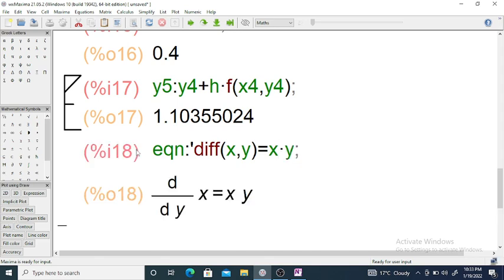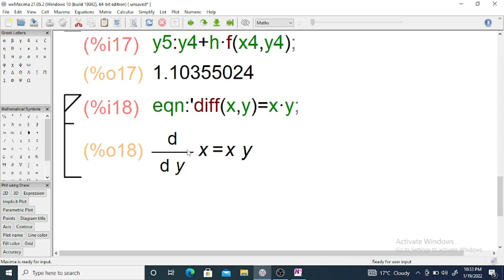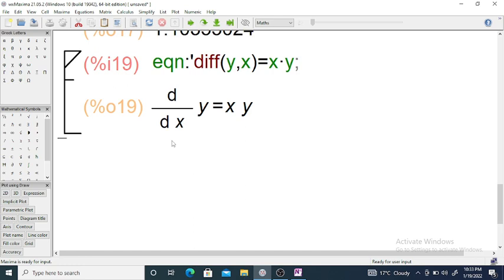If you press enter, you can see dy by dx is equal to x into y.